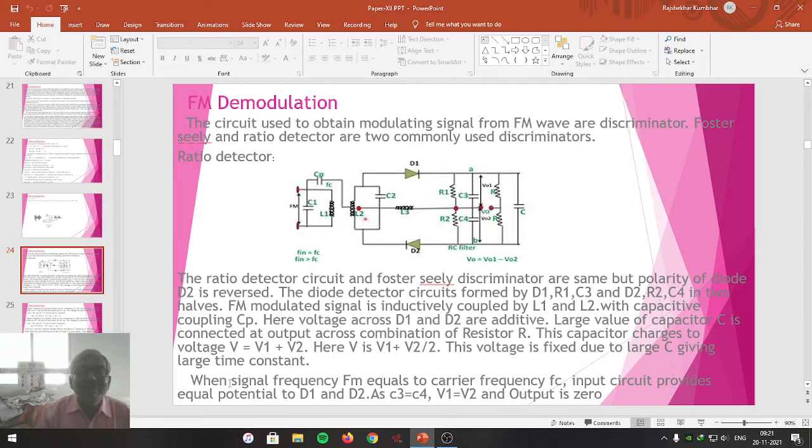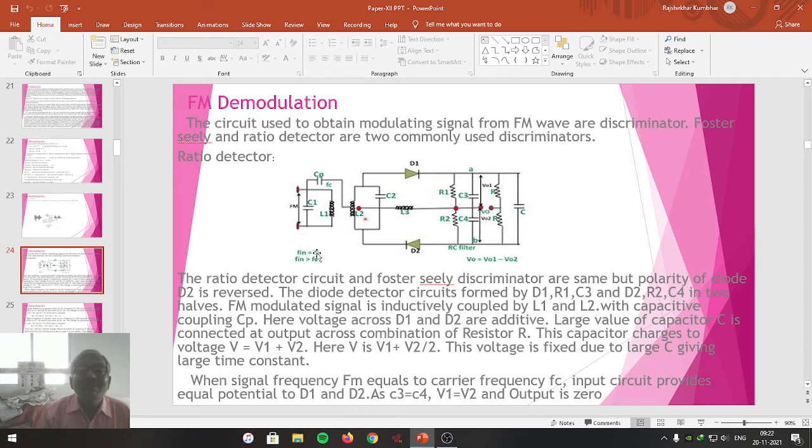Friends, the first condition is when the signal frequency Fm equals the carrier frequency, that is, Fin equals Fc. The input circuit provides equal potential to D1 and D2.